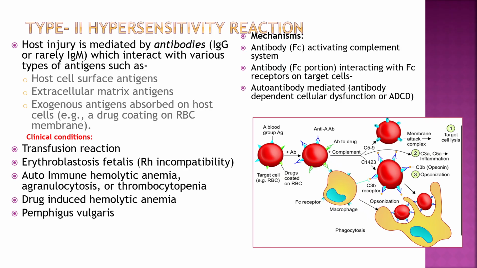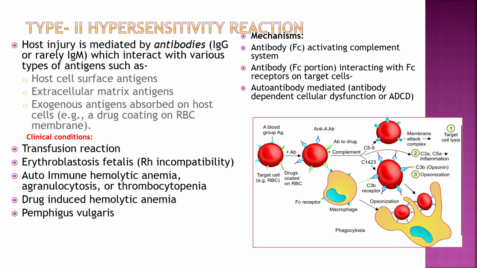Type 2 hypersensitivity reaction: host injury is mediated by antibodies, IgG or rarely IgM, which interact with various types of antigens such as host cell surface antigens, extracellular matrix antigen, and exogenous antigens absorbed on host cells, for example a drug coating on the RBC membrane.